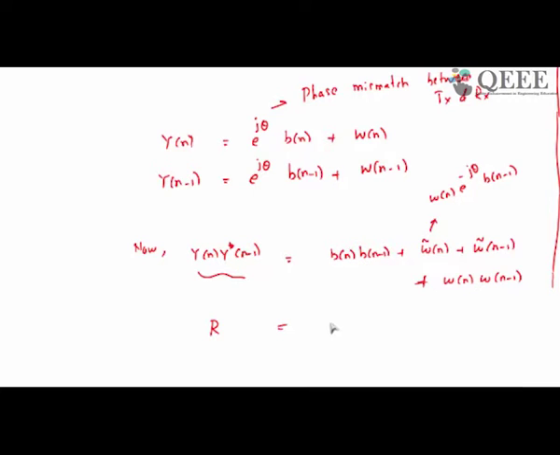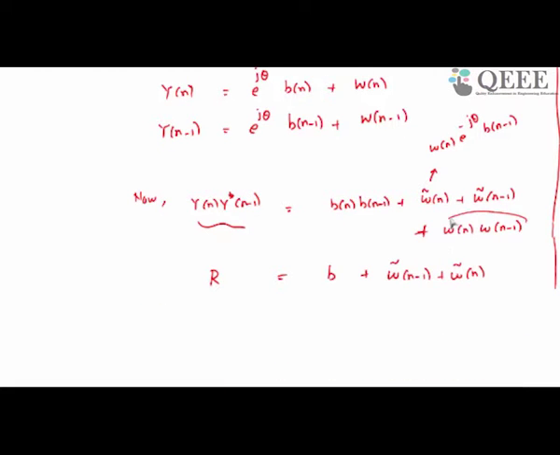So r is b of n times b of n minus 1, plus w tilde of n minus 1, plus w tilde of n, and this product of two noise terms is going to be very small, because Gaussian has very small chances of taking a large value, but when you take the product, it is even much smaller chances of having a large value. So w of n times w of n minus 1 is insignificant compared to, for instance, w tilde of n and w tilde of n minus 1. So the important thing is b of n times b of n minus 1.